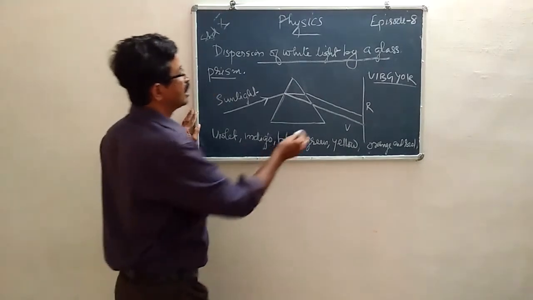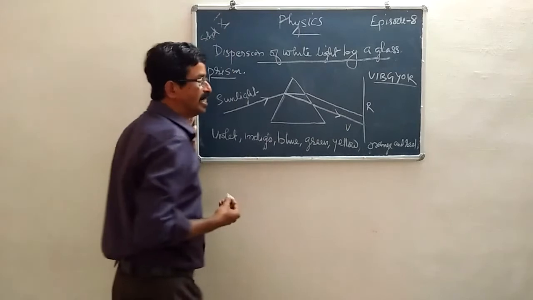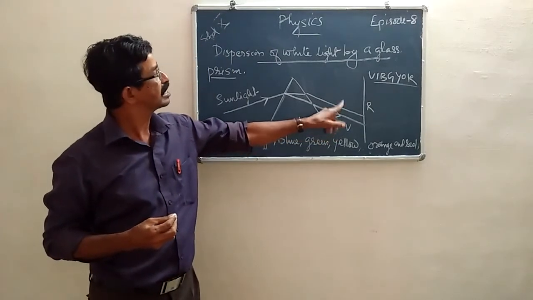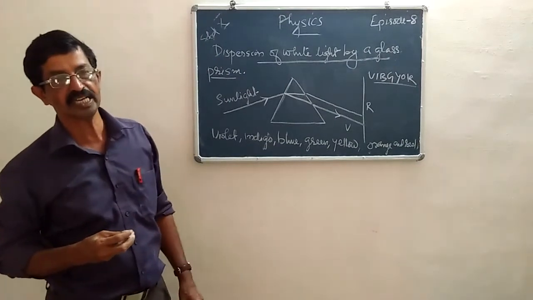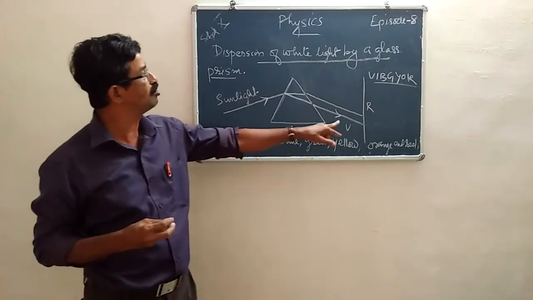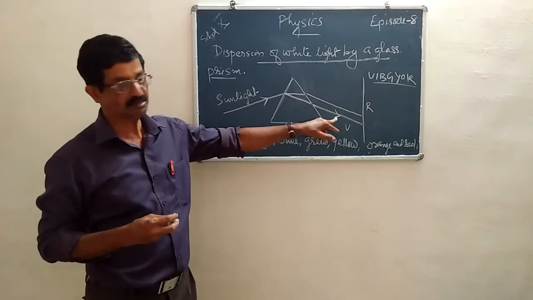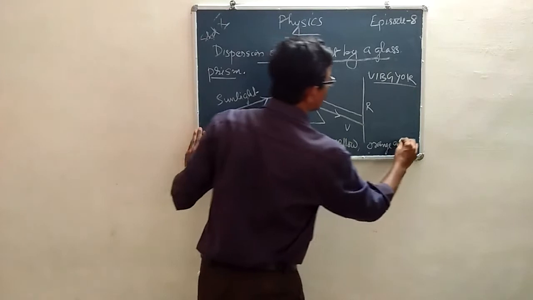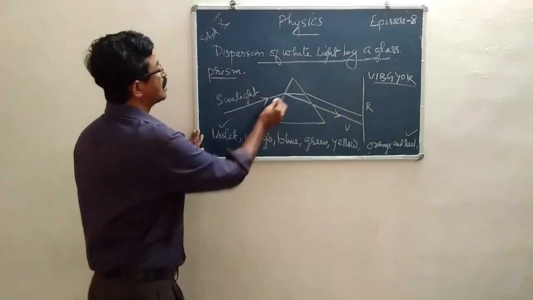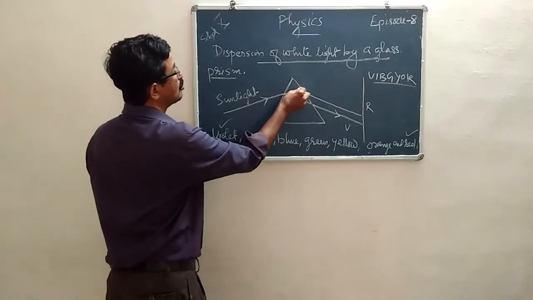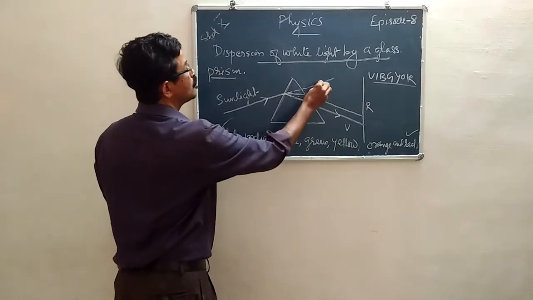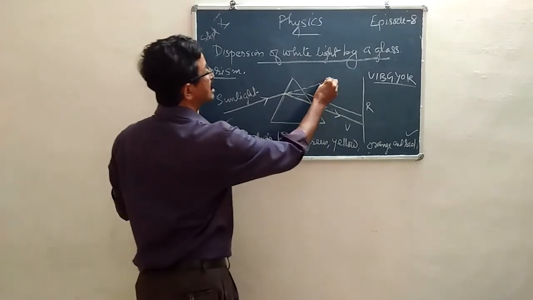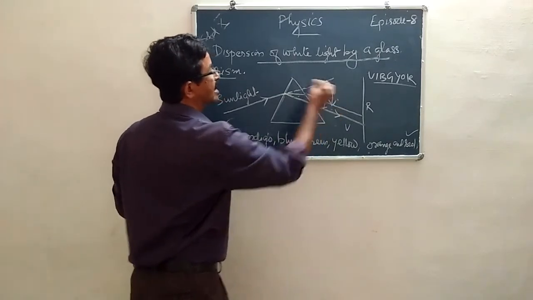Here see, violet is deviated, or changes its direction, the most, and the least deviated color is red. This is the path of the light.